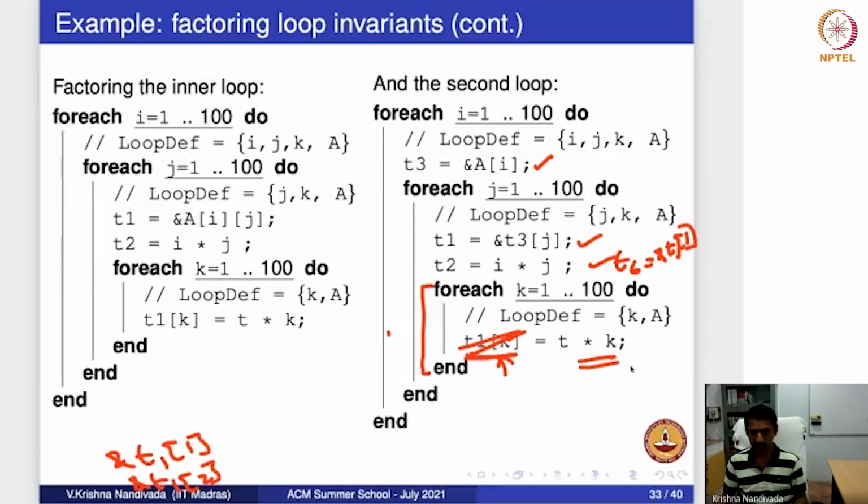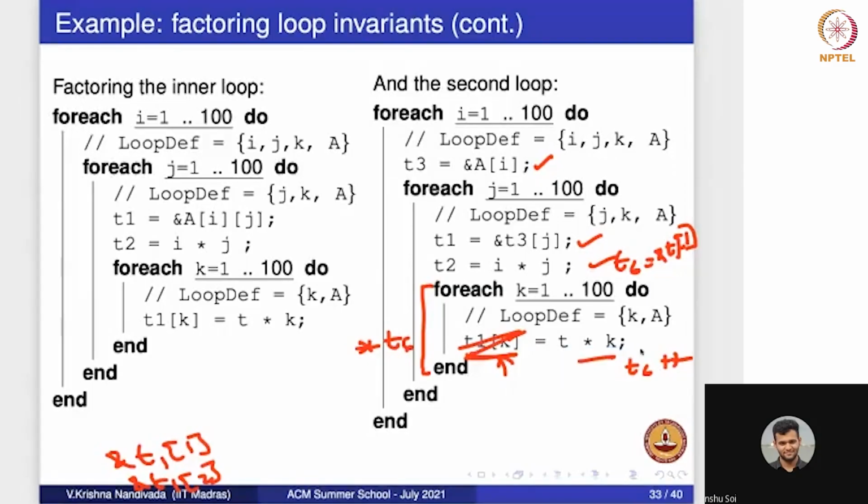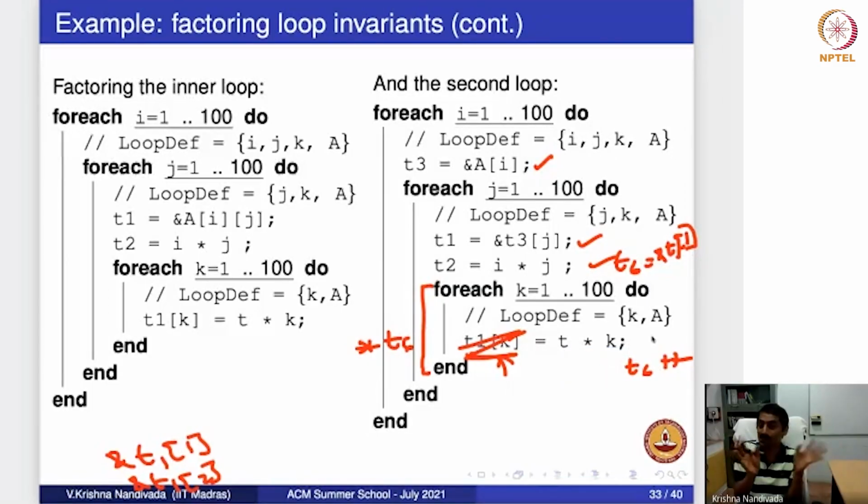And then in the loop what I will do? T6 plus plus. So in the loop, how many array index operations am I doing? 0. From a million array index operations, it became 0.